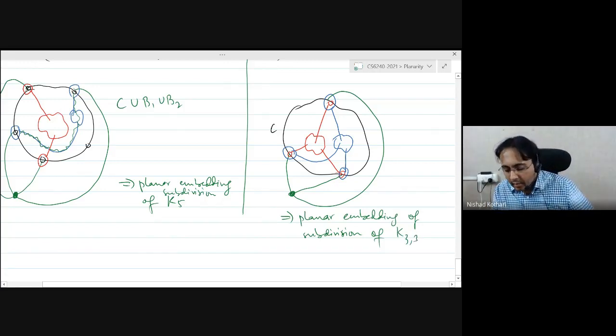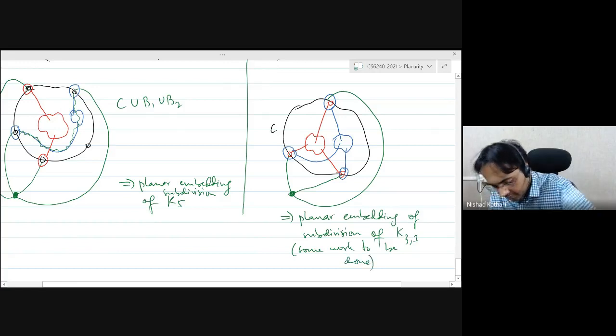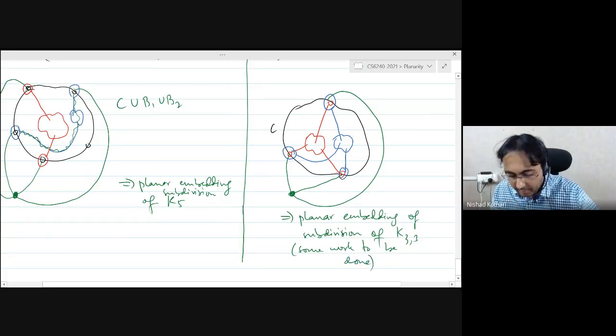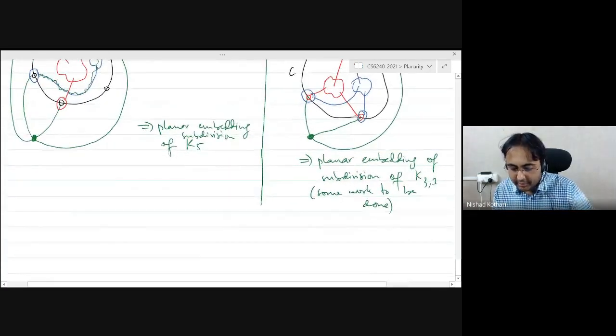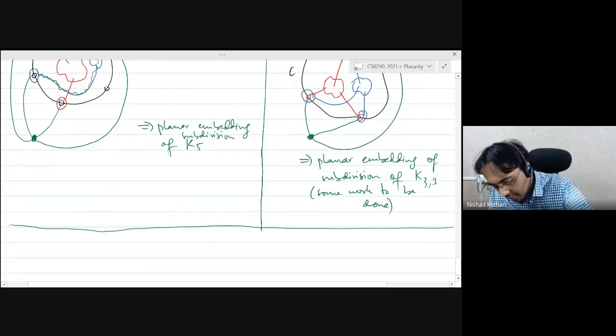Okay, so there is some work to be done to find the subdivision of K3,3, whereas the K5 one is much easier. And in both cases, you have a contradiction because you have a planar embedding of what we know are already non-planar graphs. Right?